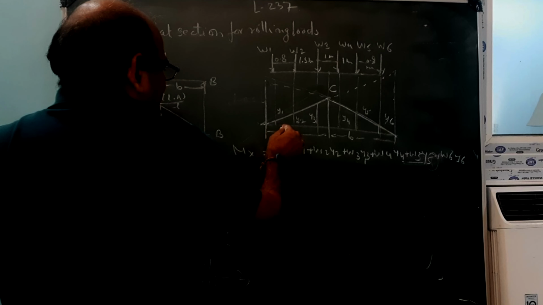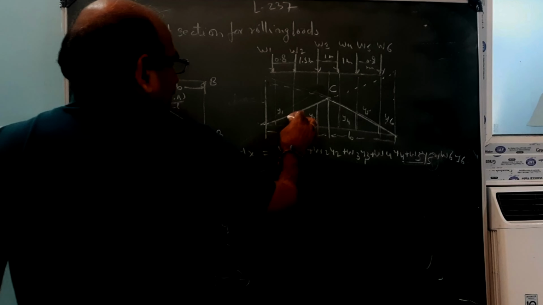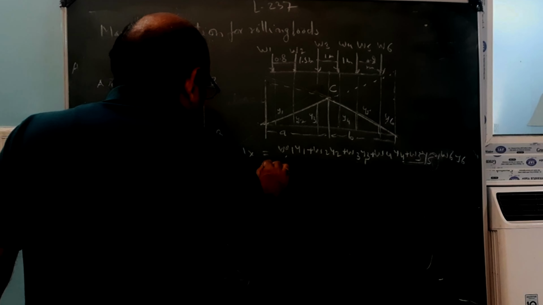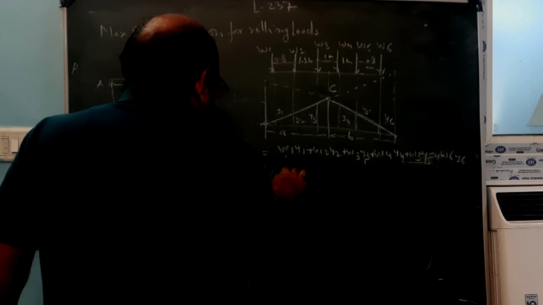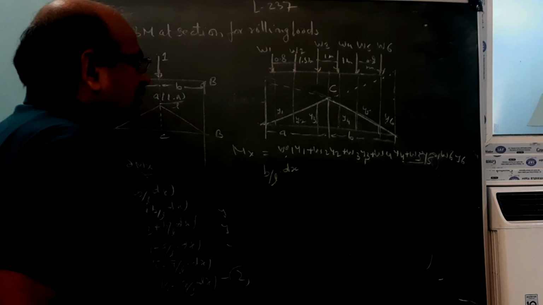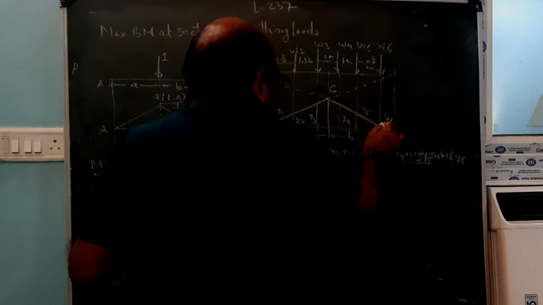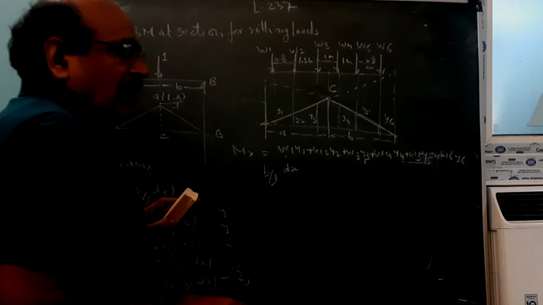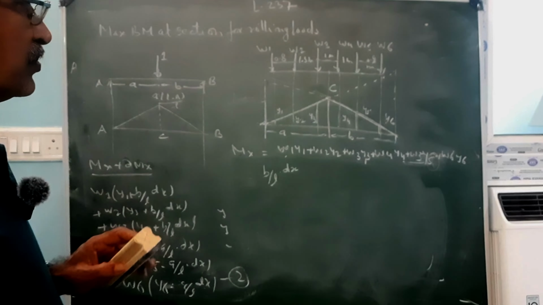So if we slightly change in this direction, so the change will be b by l into dx, dl by dx. For this is additive, and for this will be subtractive.